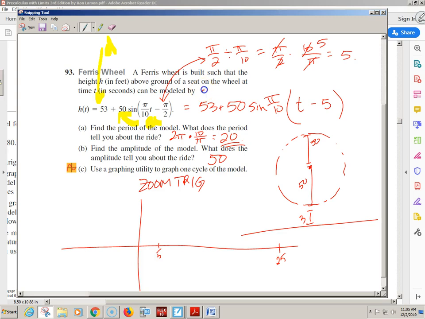It's a sine curve, which means it has that snazzy middle, bottom middle, starting at 53, going up to 103, and coming down to 3. And there's my middle, let's see, 5, 10, 15. That one's easy because that 20 divided by 4 is just going by 5s.